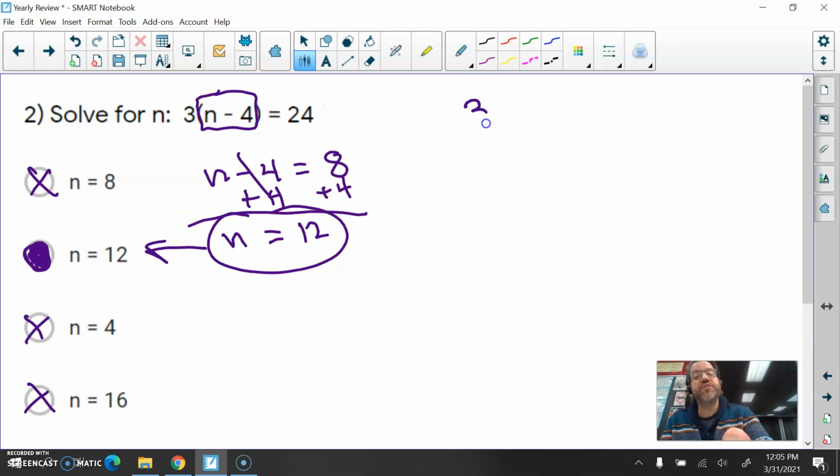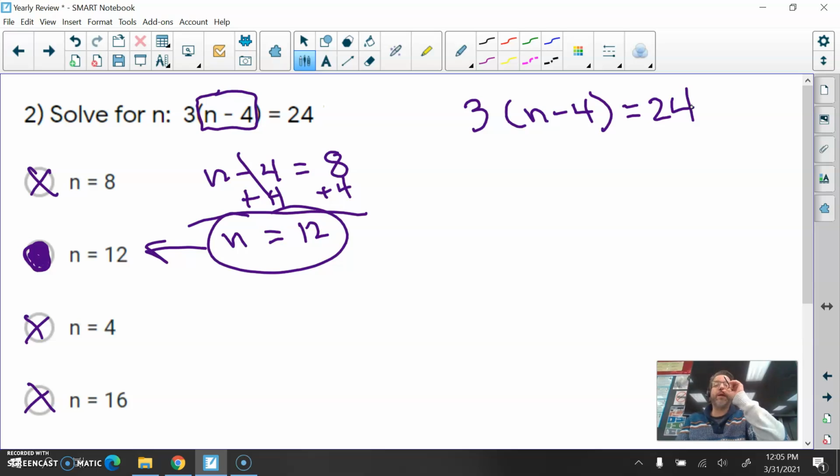And sure enough, that matches with the answer that we selected over here. Another way you can do this problem, I'll rewrite the problem here. 3 times the quantity, n minus 4, equals 24. You can solve this in 2 steps. First step, let's get n minus 4 to be by itself. To do that, we need to get rid of the 3 here, which is being multiplied by this.